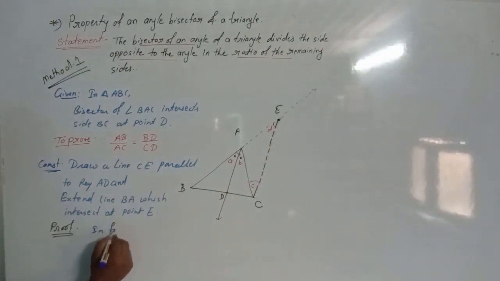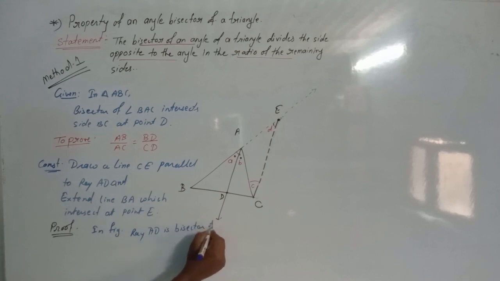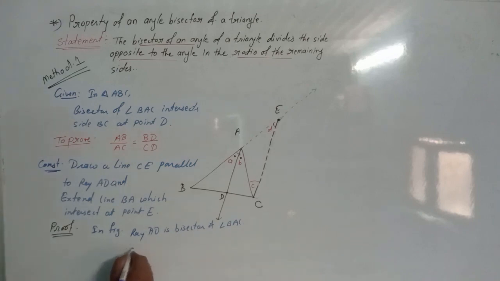In the figure, ray AD is a bisector of angle BAC. Correct? So therefore, we can write angle A is congruent to angle B, and give the number 1. Simple thing. Is that clear?